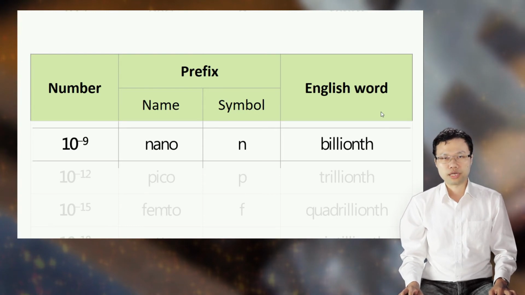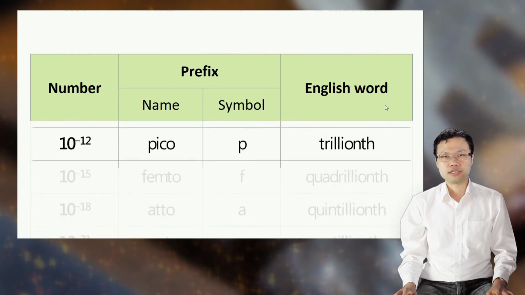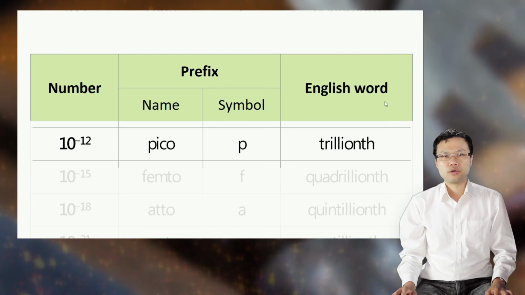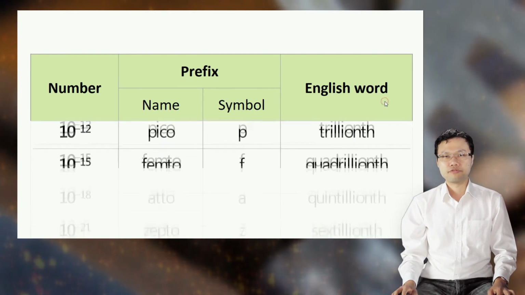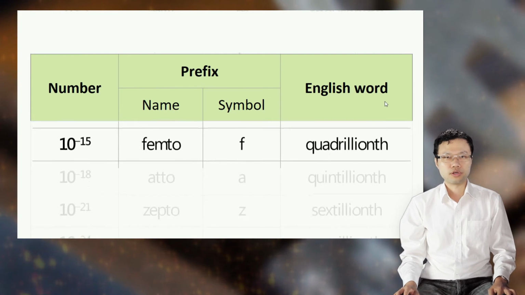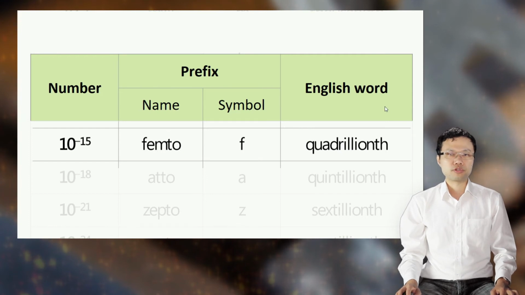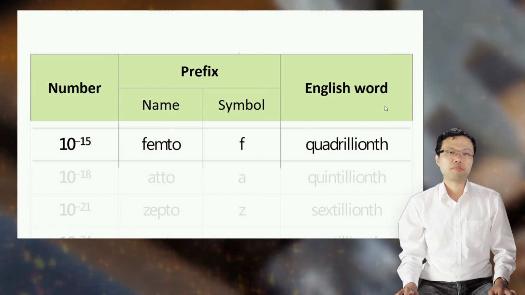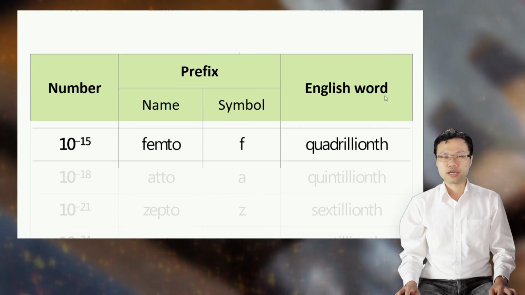For even smaller numbers, 10 to the power of minus 12 is represented by pico, or lowercase p, while 10 to the power of minus 15 is symbolized by femto, or the lowercase f. There are metric prefixes for even smaller orders of magnitude, but they are rarely used. You can find them out by yourself.